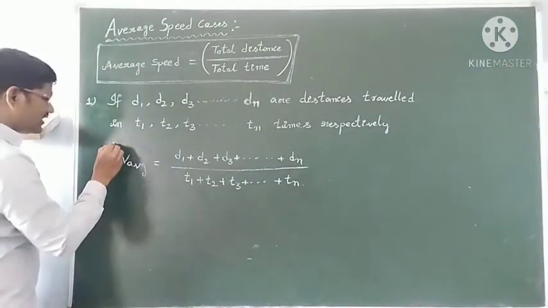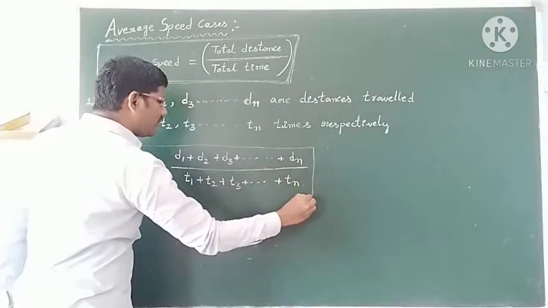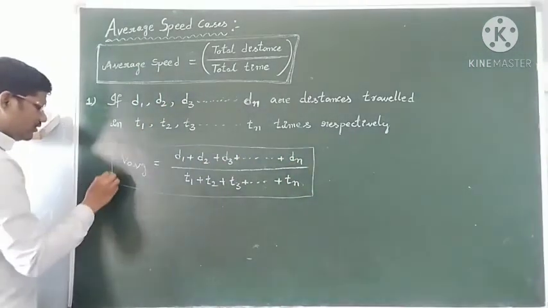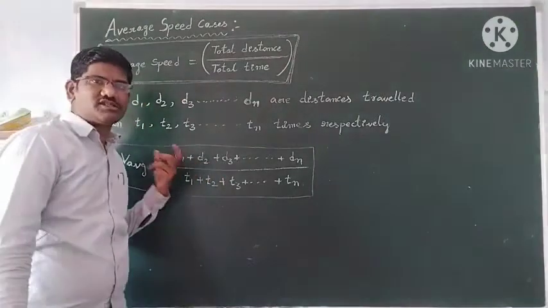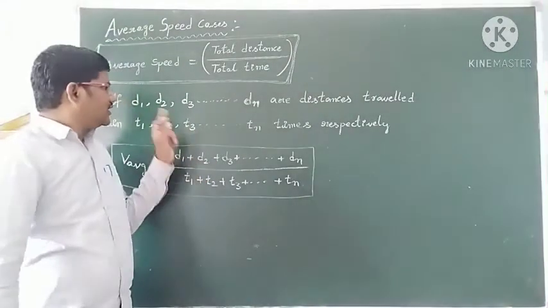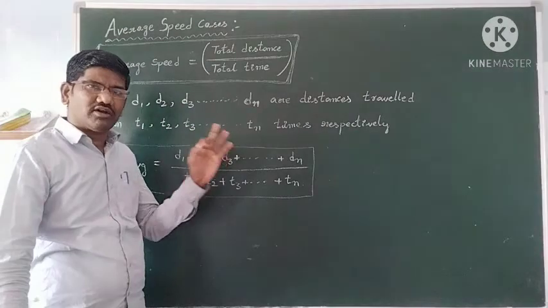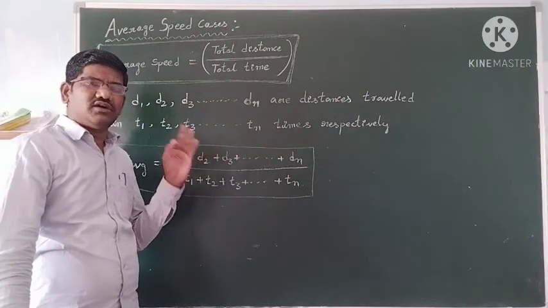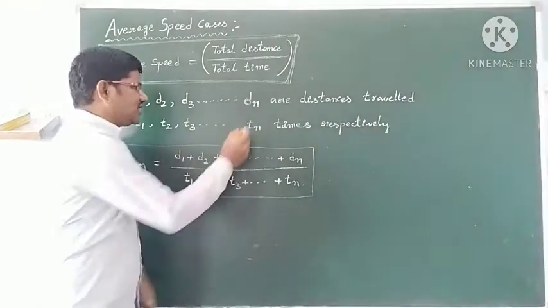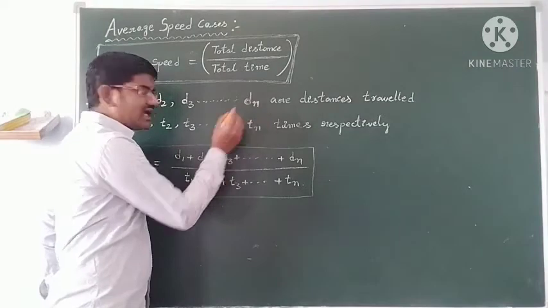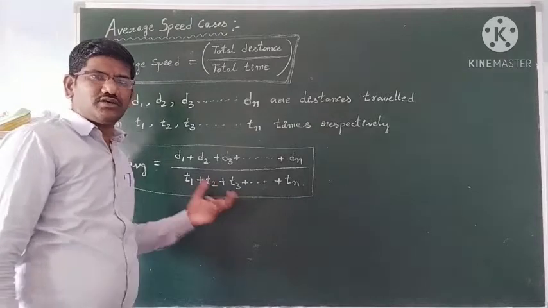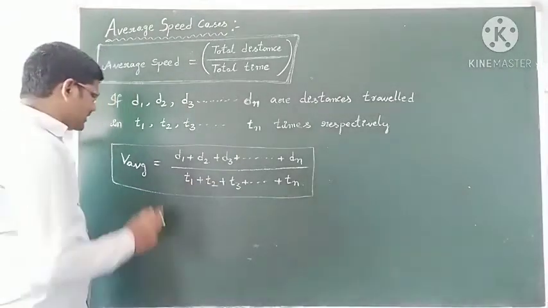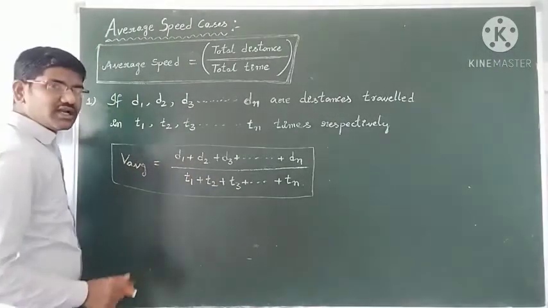This is the average speed formula if you know different distances and different intervals of time. d1, d2, d3, dn are the distances, and t1, t2, tn are the respective times taken by the particle to cover those distances.